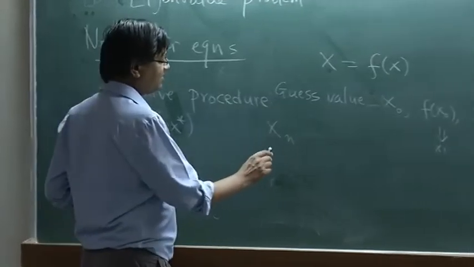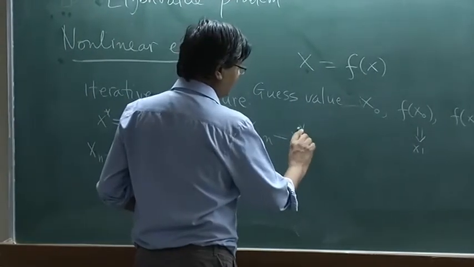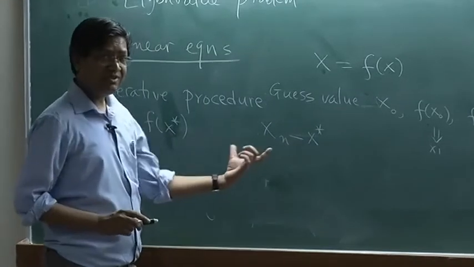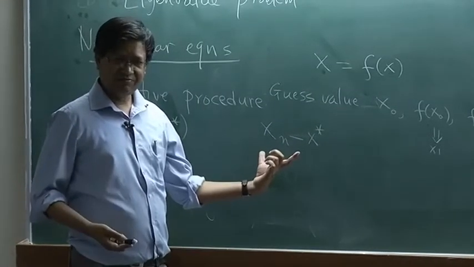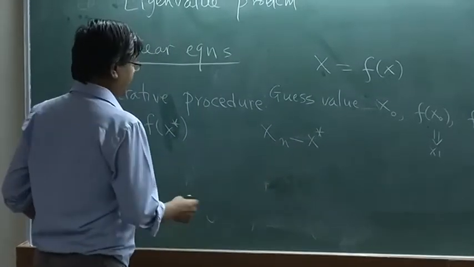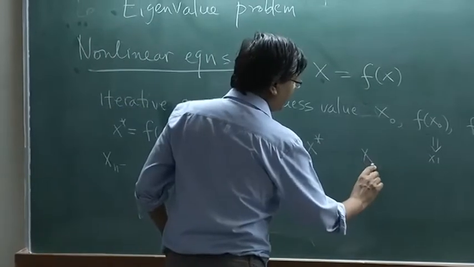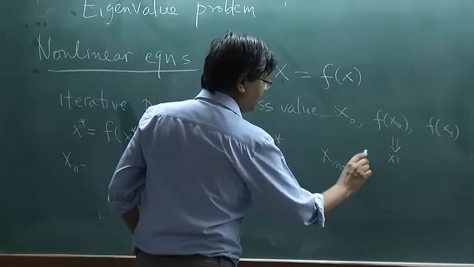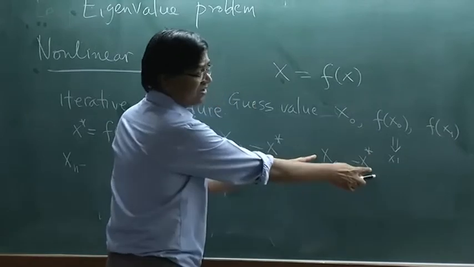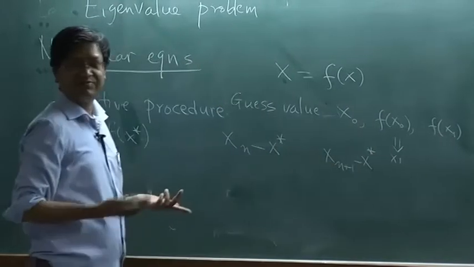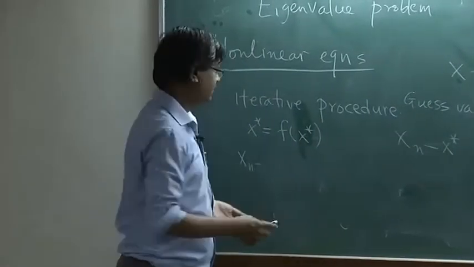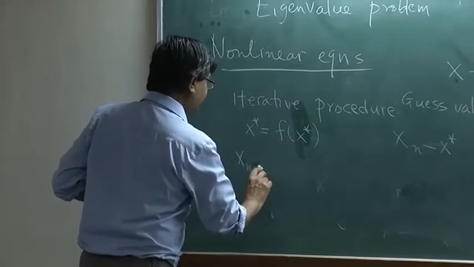I want to see x_n minus x star, which is the error at the nth iteration, and relate this to x_(n+1) minus x star. If the modulus of this value is less than this, then you are converging.